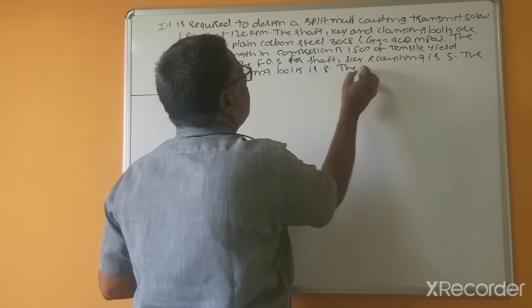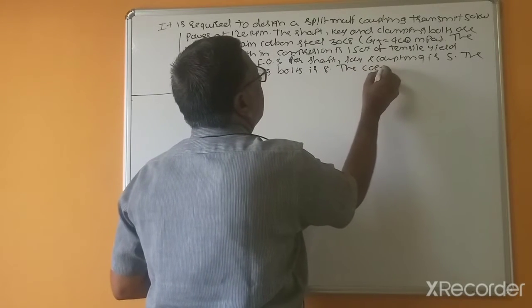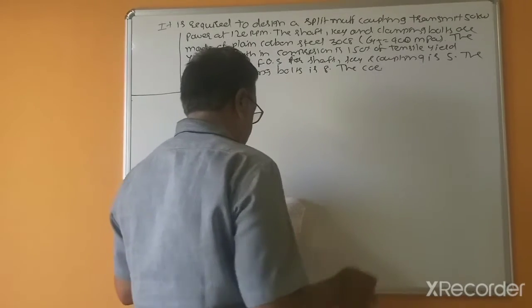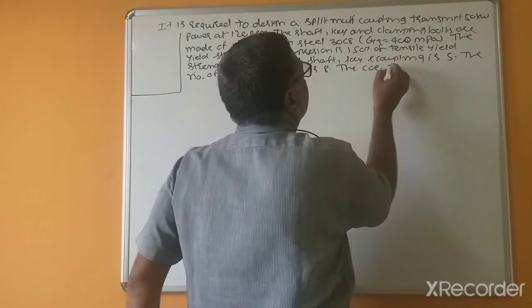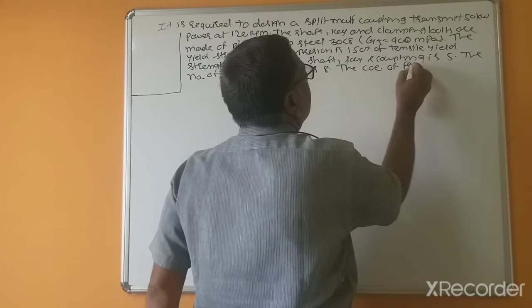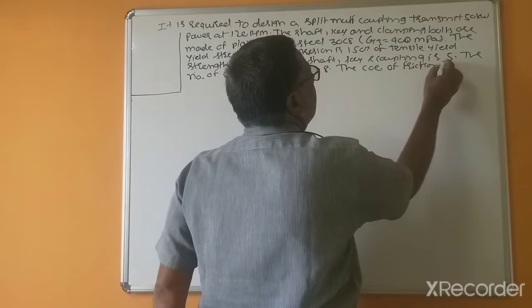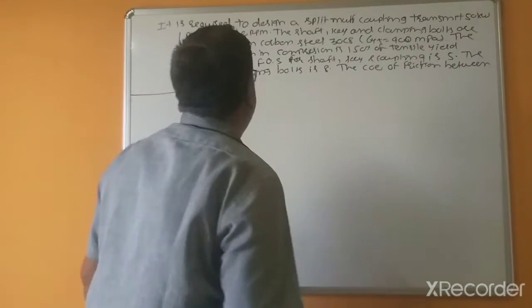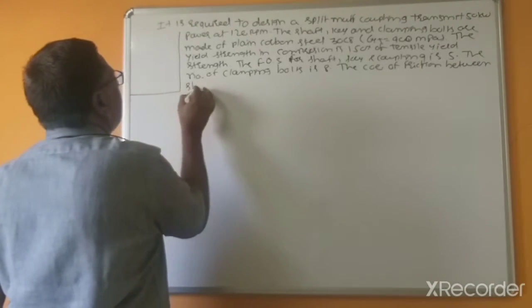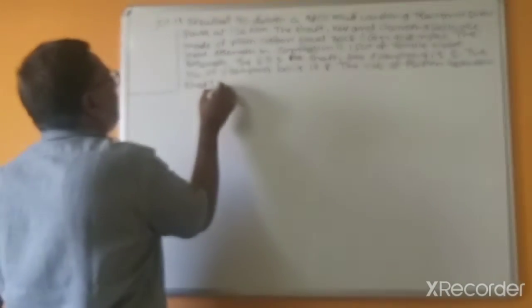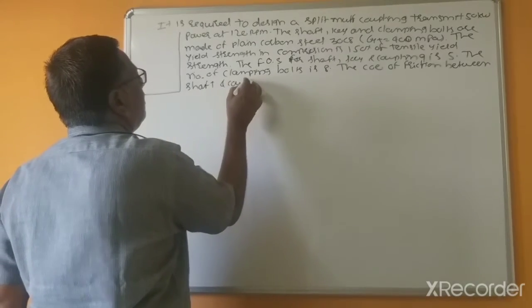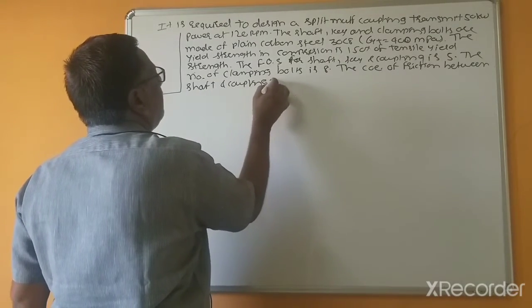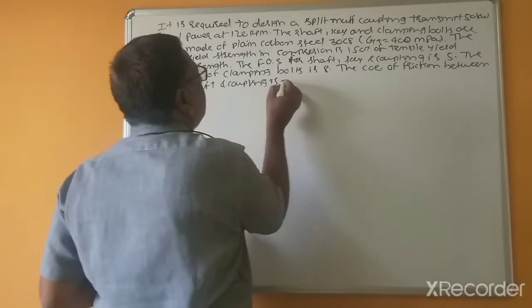The coefficient of friction between shaft and coupling is 0.3.